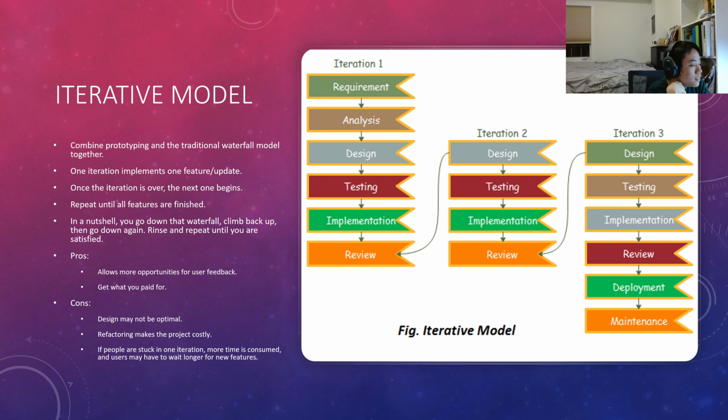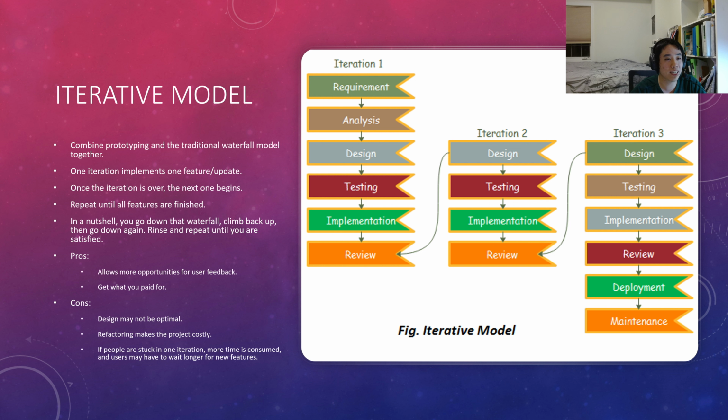And then when you're done with one iteration or one feature or update, you do the next one, which is your second iteration. You design that new feature or new update, and then you run through the waterfall again. Feel free to also review your previous feature and refactor it if you need to, of course.